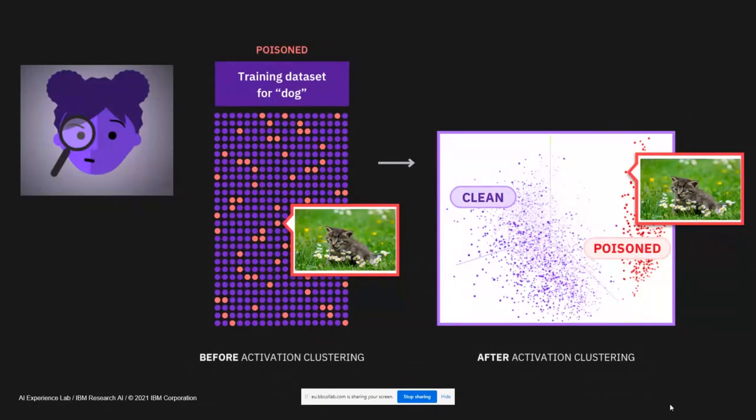What it does is it looks at the last hidden layer of the neural net, and it tries to cluster your training data into two different clusters. One very likely to be clean, one potentially poisoned. And then you might have to look through some of the other cluster images to see if it was really poisoned or not.